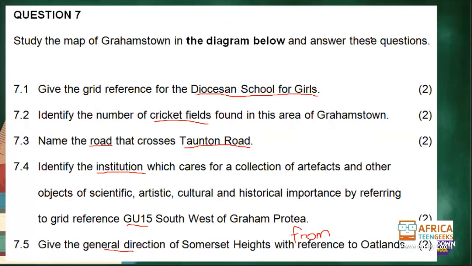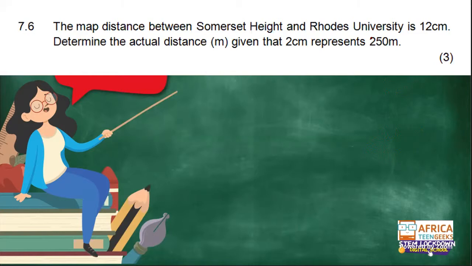Okay, last question. Now they say the map distance between Somerset Heights and Rhodes University is 12 centimeters. So someone in advance measured the distance between those two places. Now they say determine the actual distance.